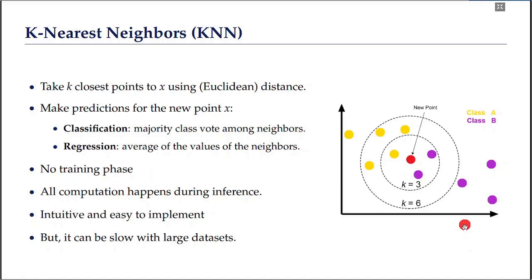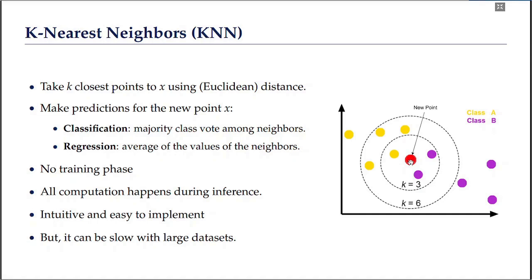So here, for example, suppose we have a classification problem. One class is denoted by the yellow points and the other class by the purple points. Let's consider the three closest points, where k equals 3. Suppose we are interested in predicting a value here, for the red point.